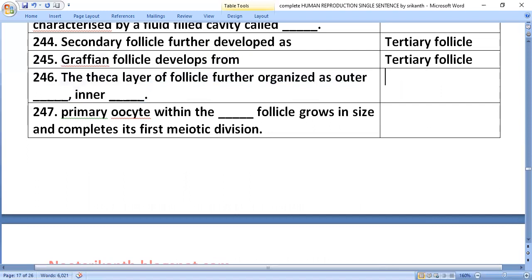The theca layer of the follicle is further organized as outer theca externa and inner theca interna.